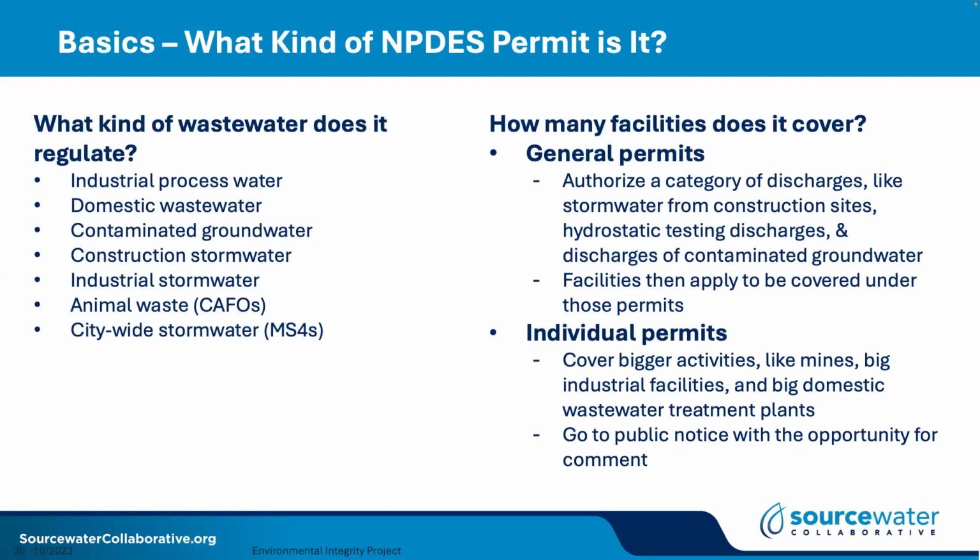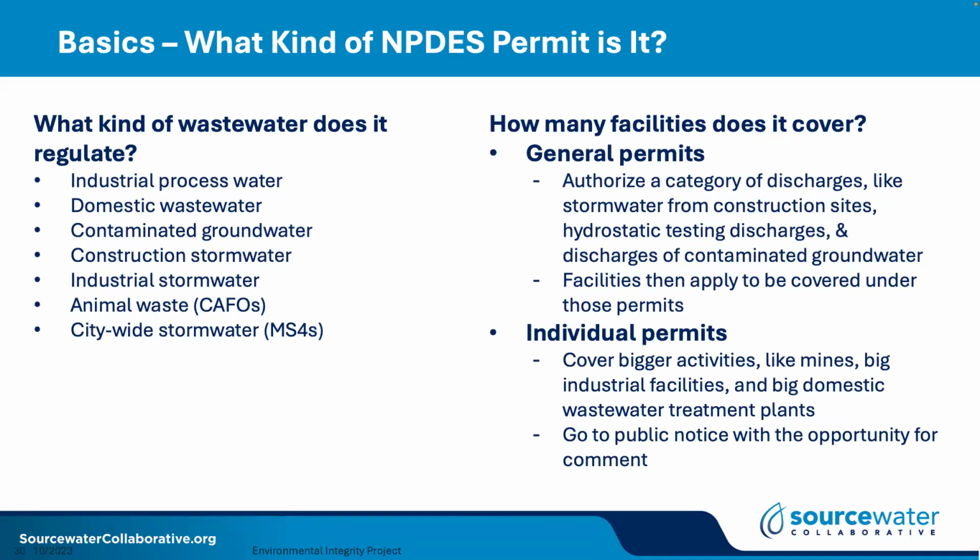One threshold thing to think about is what kind of NPDES permit is it? Different kinds of waste streams and different sizes of facilities will have permits that look fairly different. So if you're worried about, say, industrial stormwater from an auto recycler upstream of your facility, that might be covered by a general permit called an industrial stormwater permit.